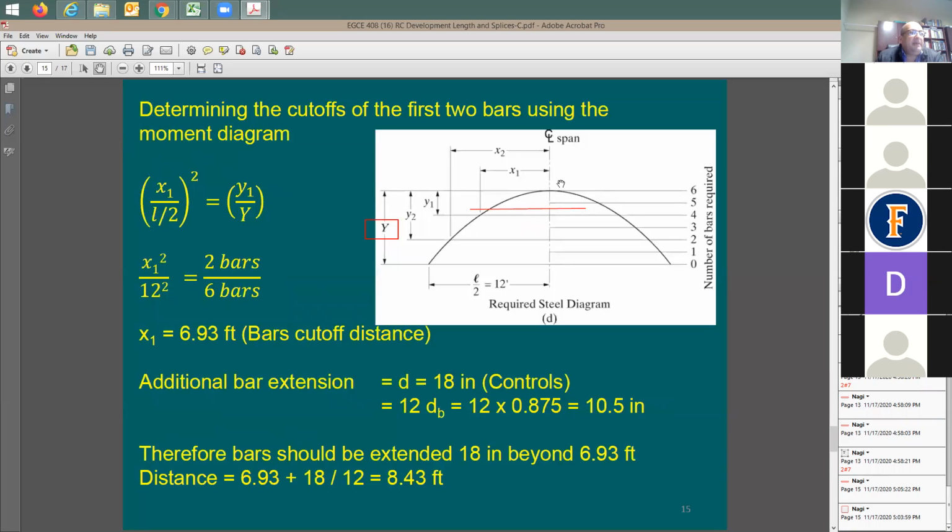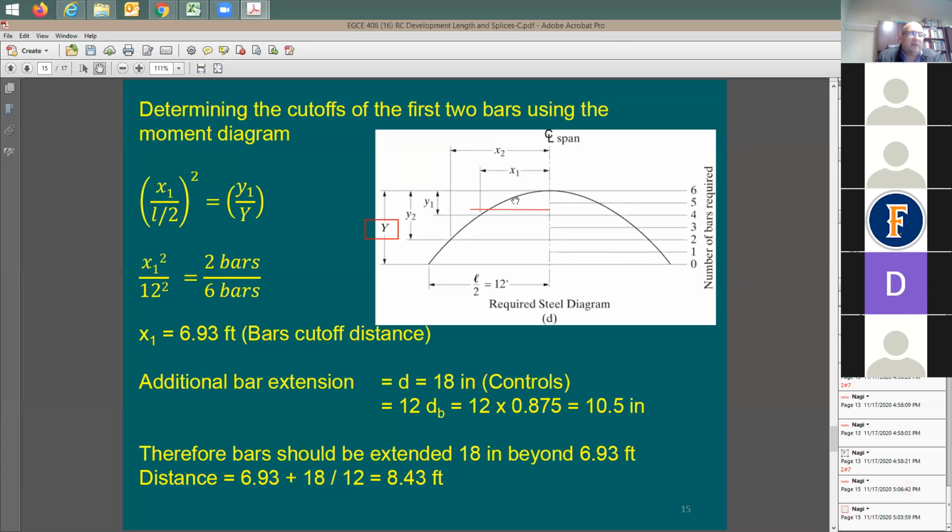So I said, based on the step here, based on the moment diagram and the steps, I ended up with 8.43. Now, let me figure out how much this L sub d is. Because if L sub d is going to be more than 8.43, I need to go with the larger of the two. So here I said the distance from this point to that point, based on this stepping, right?